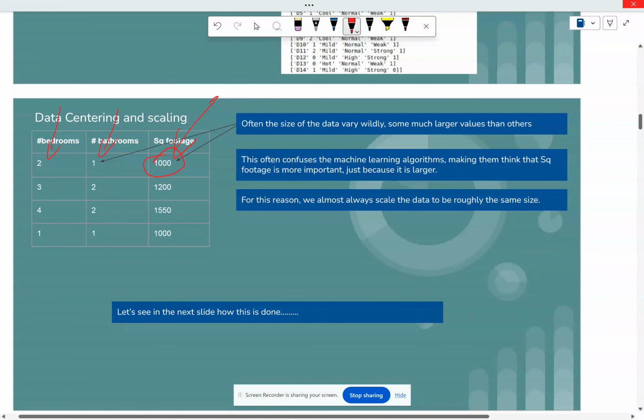It confuses the learning algorithm, thinking that just because the number is really big, it must be more important, when in reality, that's not necessarily true. So for this reason, we like to scale these numbers to roughly the same size, so that the algorithm starts off thinking they're all equally important.